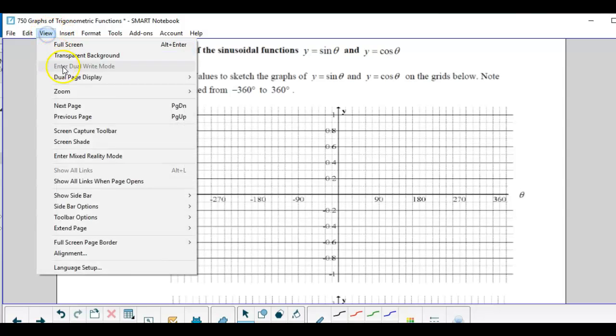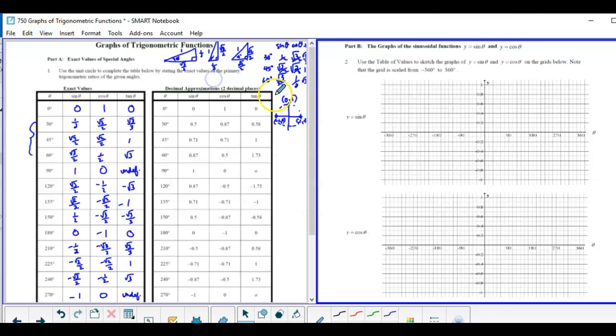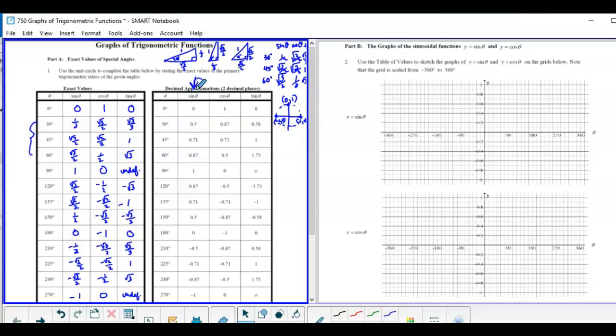I'm going to view dual. It's pretty tiny when I do it this way, but you're going to want to look at your theta value, so 0, and then let's do sine first, just this first column. So 0, 0 is a point.